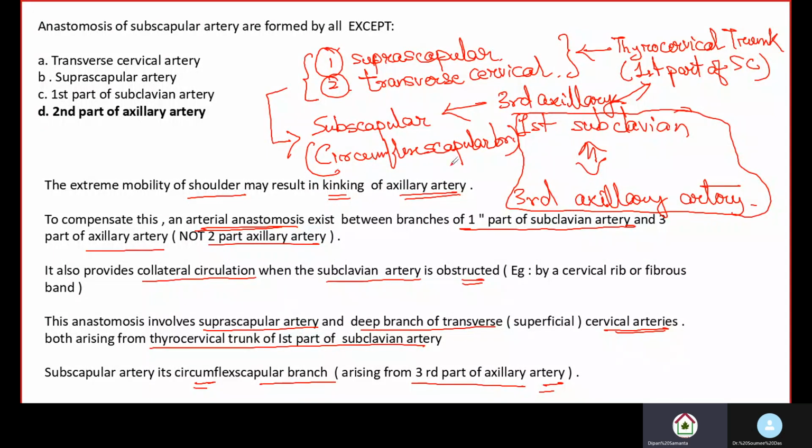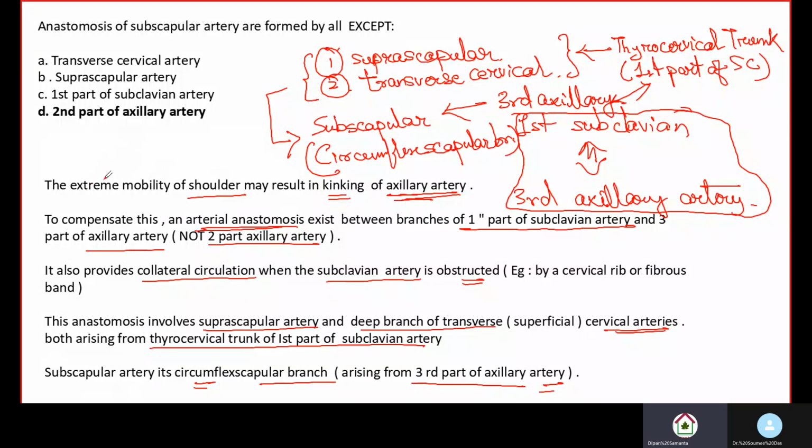Okay, and this anastomosis occurs to compensate for the blockage, or we can say disruption of the normal flow of the axillary artery, which occurs due to the mobility of the shoulder. Extreme mobility of the shoulder may cause kinking.